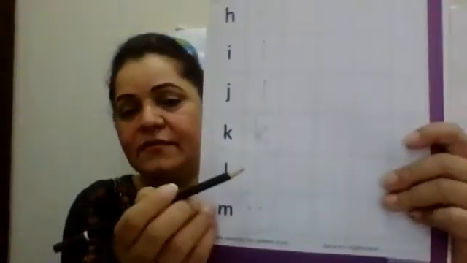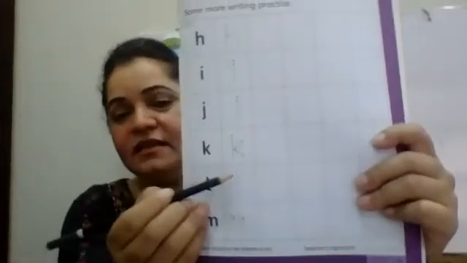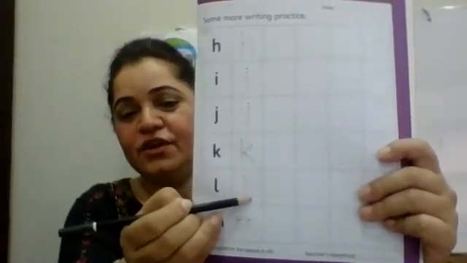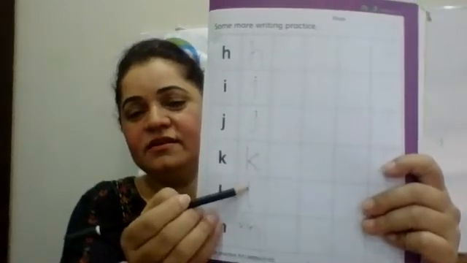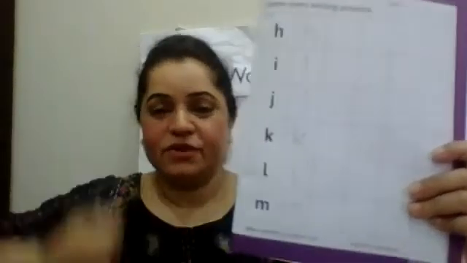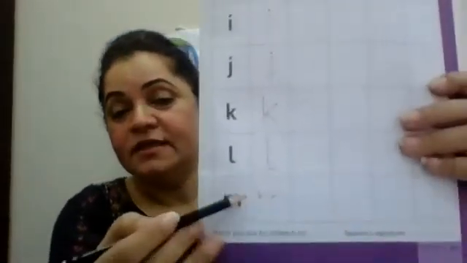L is also very easy. A straight line, and then a little curve over here. Straight coming down and a little curve over here. You've done it? Okay. You're doing it so quickly. Okay, no problem.